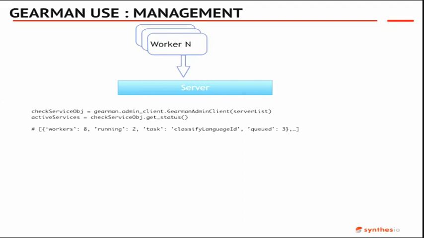It will tell me that I actually have 8 workers which are inactive, they're just chilling there. This is just bogus data. It will tell me how many actually are running, so processing data. It will tell me the task name, and it will tell me how many I have in my queue.